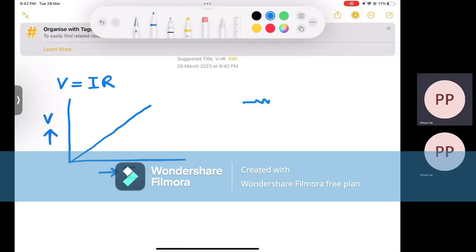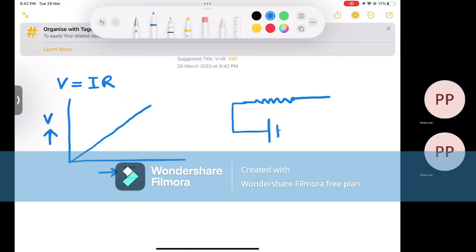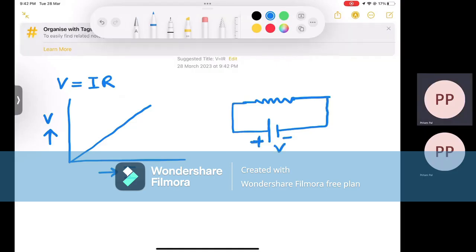Suppose we have a resistance in the circuit, and we connected the resistor with the battery. This is the voltage that has been applied across the resistor. If the current flowing through the resistor is I, then the resistance will be V over I according to Ohm's law, right?